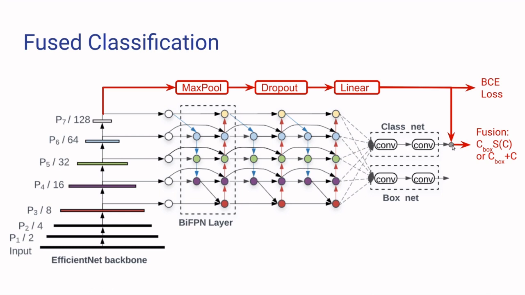One way is I use the sigmoid output of this branch, multiply it with the original bounding box score, or use a residual-like structure that directly adds this output together. Both methods result in very similar performance in the end.